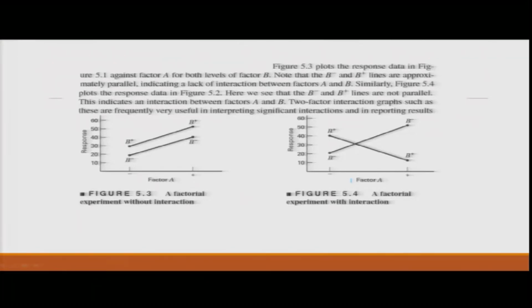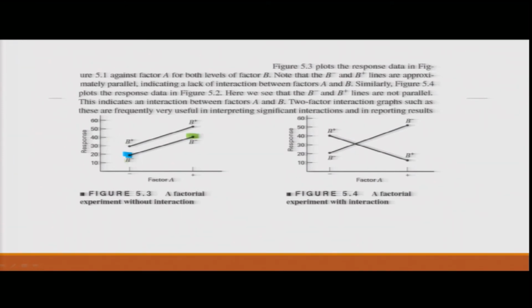Now, figure 5.3, which is on the left hand side, where I am holding my left hand palm, plots the response data for figure 5.1 against factor A for both levels of factor B. So, for B minus, initially A had a value of minus 20, which is this blue. The A plus value would now be, say for example, 40.